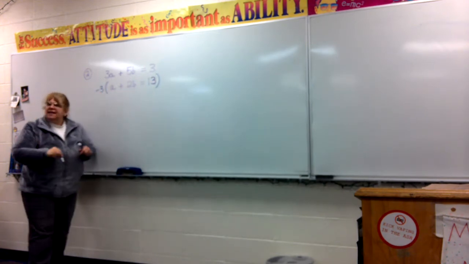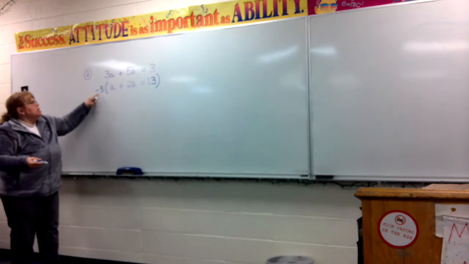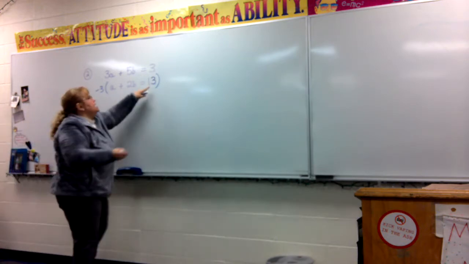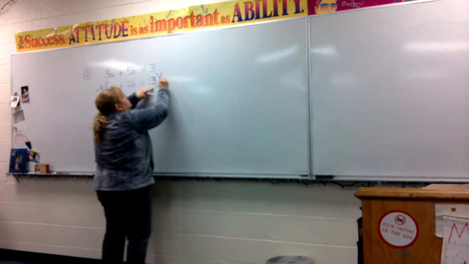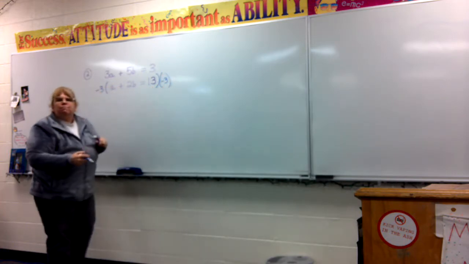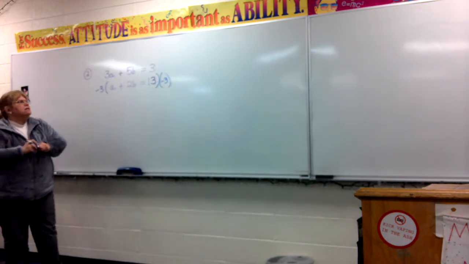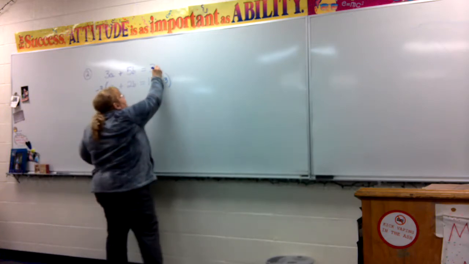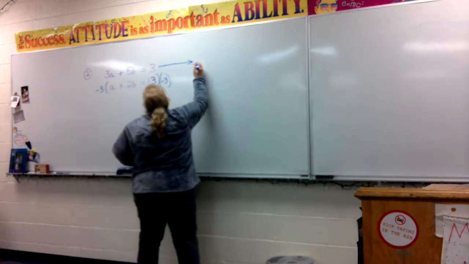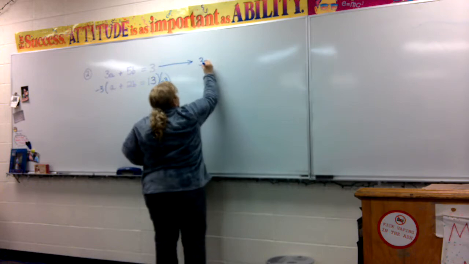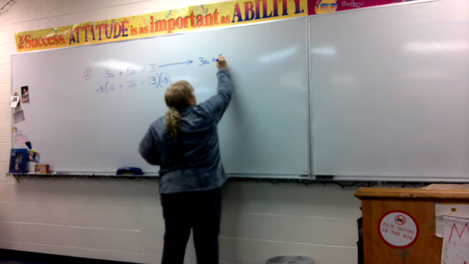And don't forget, I saw several of you remembered to do this side, but you forgot about the other side. You have to multiply both sides by -3. So the top equation, we're just going to leave it alone. I've got 3a plus 5b.